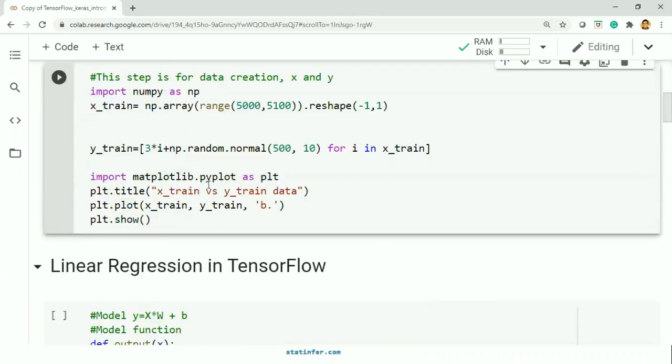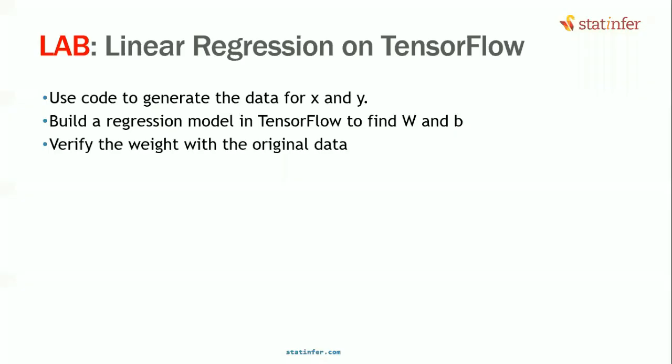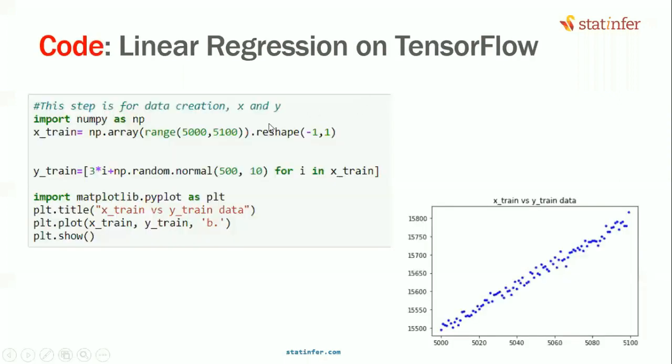Import NumPy. Okay. Now this is the data that I'm creating. This is random values of x. I have taken 3 times x, which means y equal to 3x, so I have to get the w value. So basically what I'm trying to do in this simple example is creating random values of x that are between 5000 and 5100.